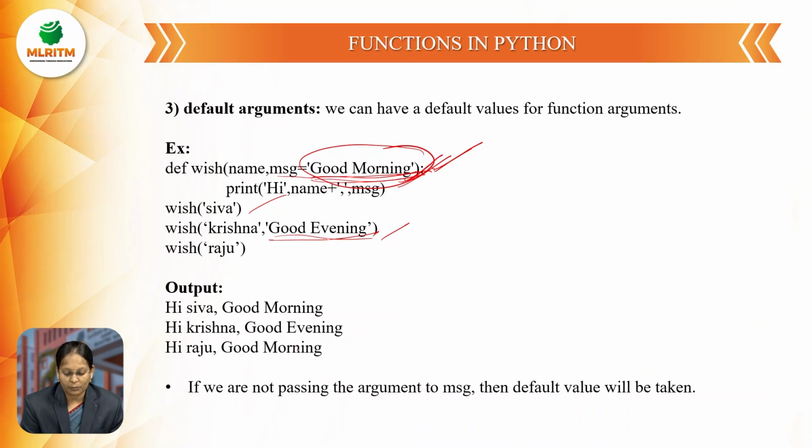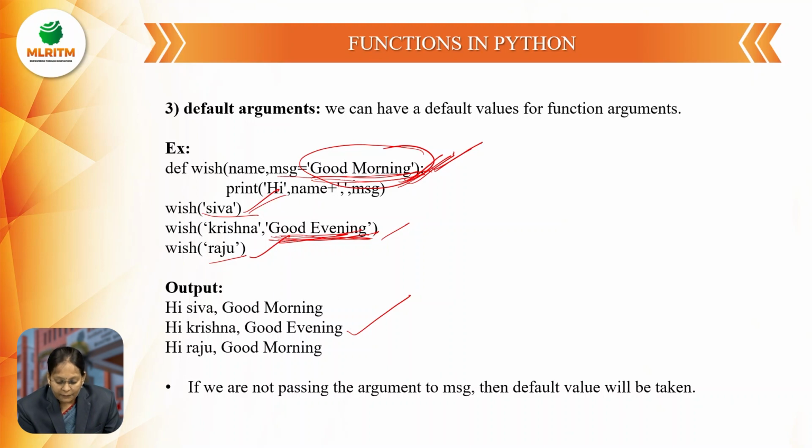Next, Raju, good morning. Here we mention the value for message. msg equals good morning is the default value we wrote here. Here we change the value to good evening, so we have a value. That's why Krishna, good evening. But in wish(Shiva) and wish(Raju), only one parameter is there; the second parameter is not there.